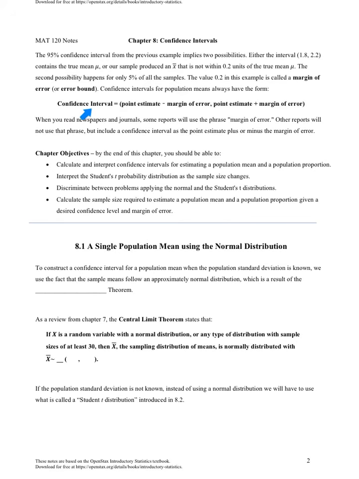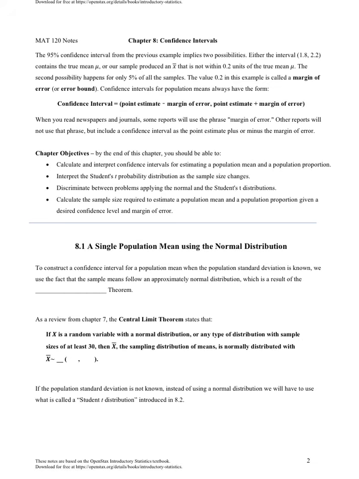In Chapter 8, we'll be finding a lot of confidence intervals. What you will be doing is finding the point estimate minus the margin of error and the point estimate plus the margin of error. The margin of error is also called our error bound.